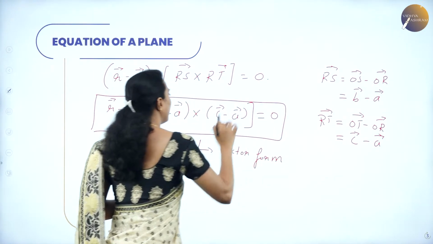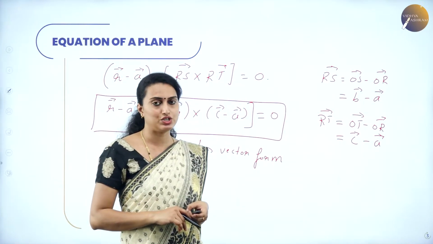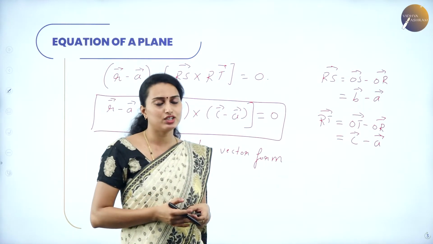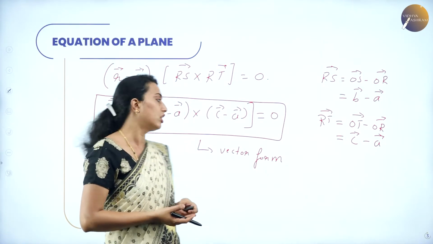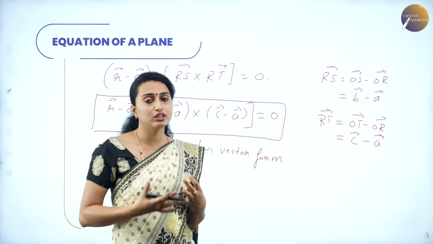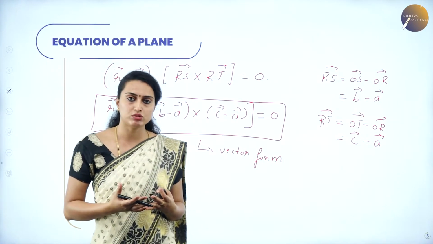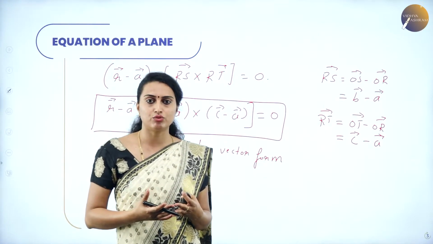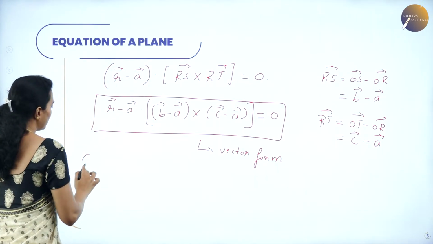Okay. Now, you have to move on to the Cartesian form. For the Cartesian form, dear students, I am going to let the points R, S and T have the coordinates x1, y1, z1, x2, y2, z2, x3, y3, z3 respectively.